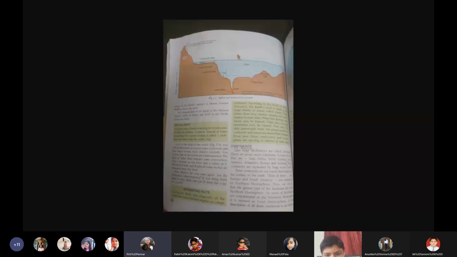Okay. Now observe the map once again. Are the land masses interconnected? If you bring them closer to each other, you can fit them like a jigsaw puzzle. So most of the land masses once upon a time were interconnected, but water bodies are still interconnected, and throughout the whole earth, the water level is nearly level because the water is connected through these land masses.